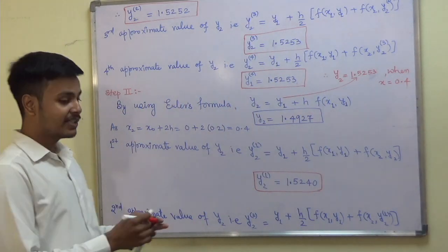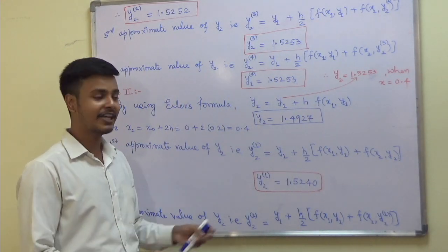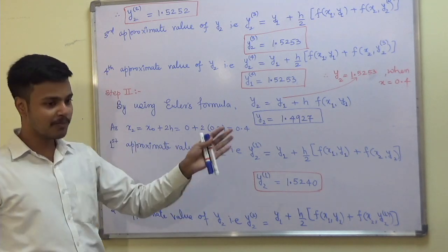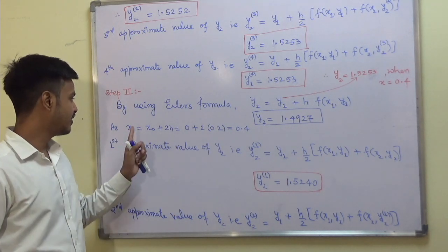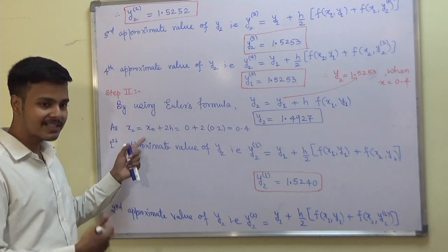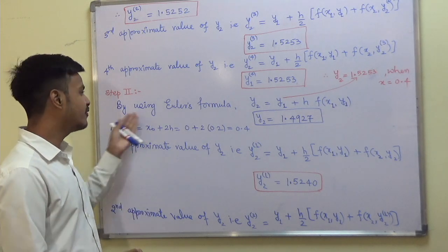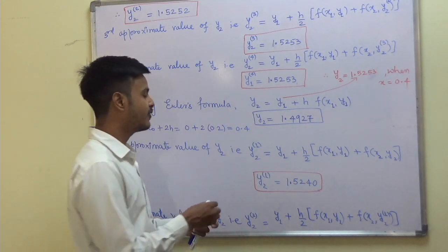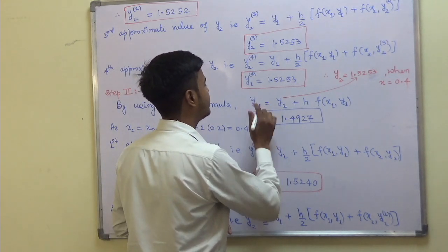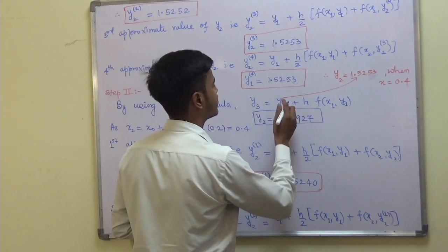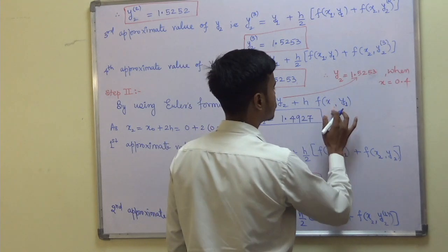Okay, now this is not completed yet. We have to again repeat the same process for x3. So for step number 3 we have the formula y3 is equal to y2 plus h times f of x2, y2.